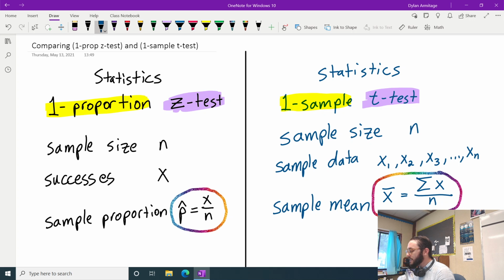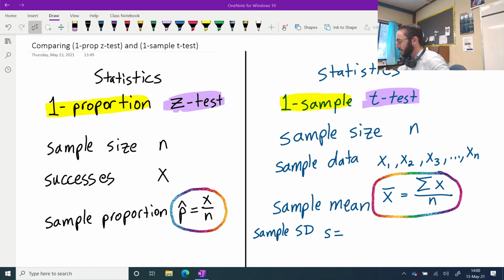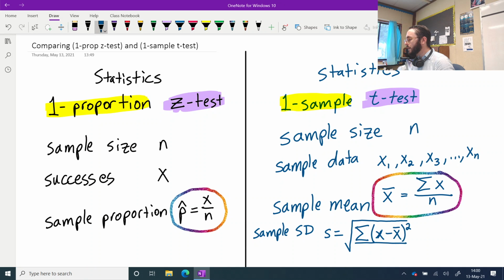For the one sample t-test, we also have the sample standard deviation, which is typically denoted as S equals square root of, well, it is the sum of all of the values minus the mean squared divided by n minus 1, and the square root of that.